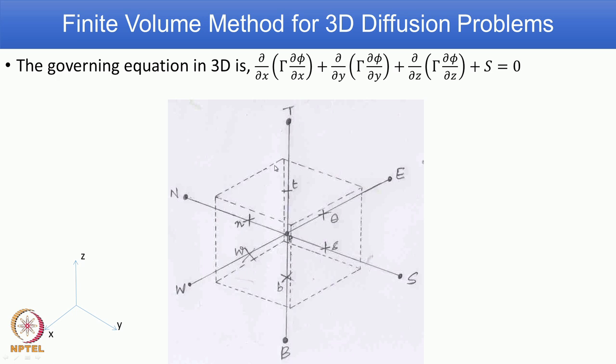What is shown is a simple case, a cube, and all these dashed lines correspond to that cube representation, and the coordinates are also shown here: x, y, z. So, along the x direction you have the east node, capital E, and the west node, and this is the point of interest P, right.